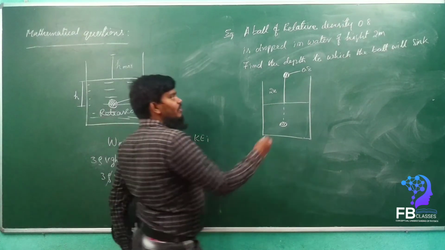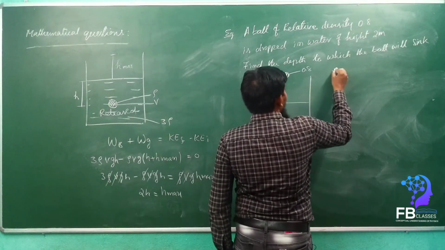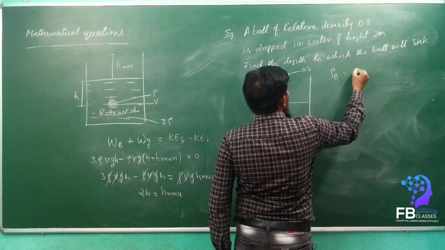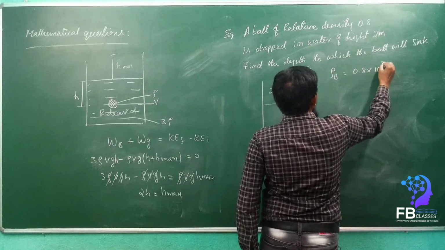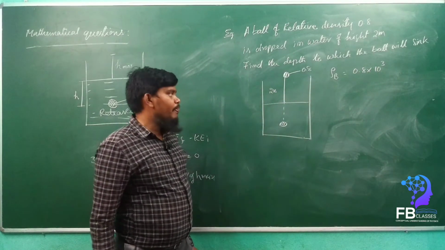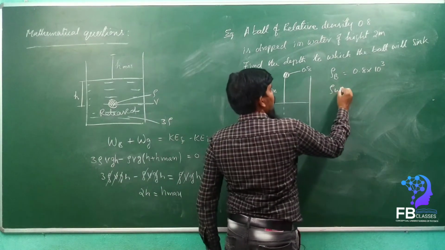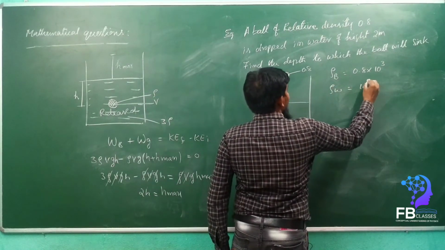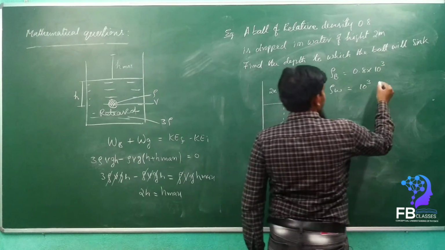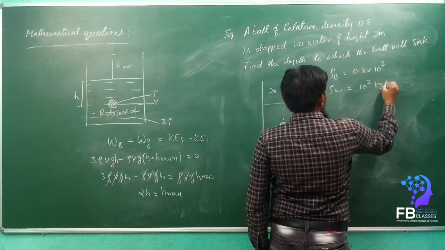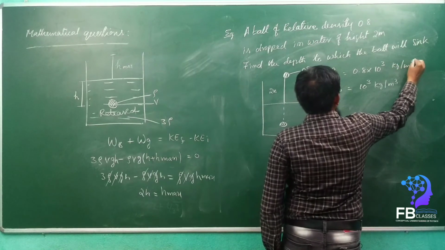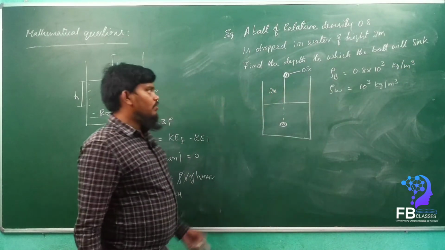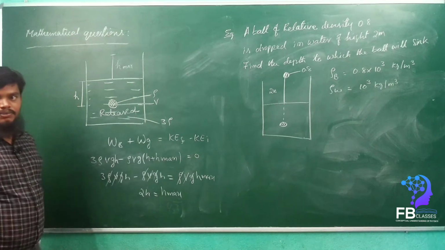So the density of the ball, d ball, is 0.8. Considered in SI units, that is 800 kg per meter cube. Density of the water is 10 cube kg per meter cube. Now the same logic we apply.